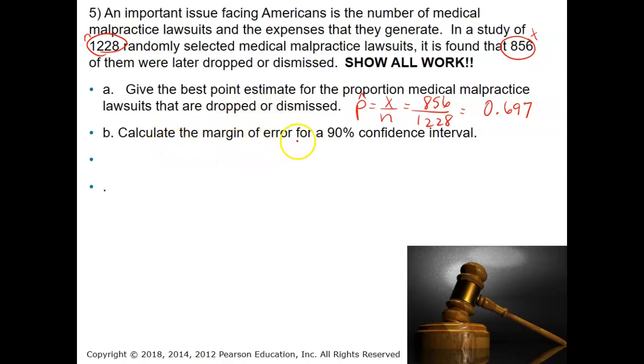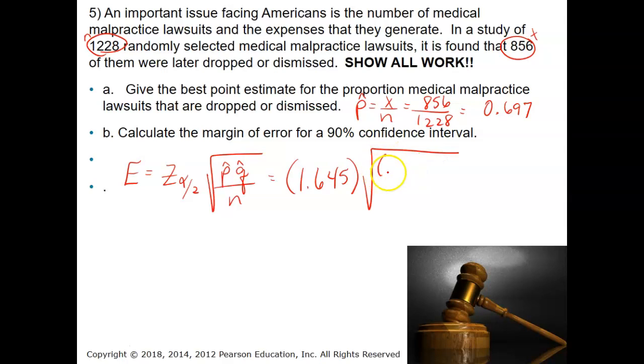So I want to calculate the margin of error for a 90% confidence interval. So my margin of error is z alpha over 2 times the square root of p hat q hat over n. So for a 90% confidence interval, I'm going to substitute 1.645.